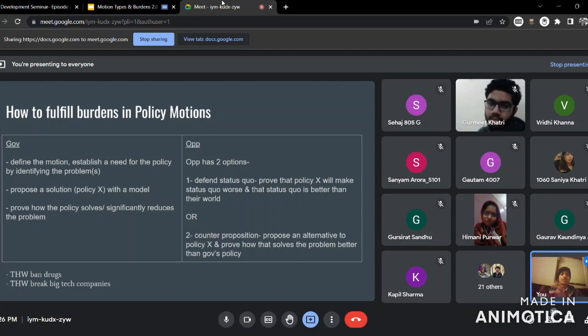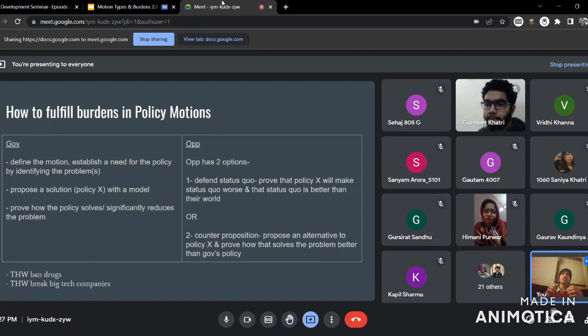If there's a discussion about whether a policy should be implemented or not, most likely this policy is being proposed by someone because they see a particular problem in the status quo, and this policy is a way of solving, mitigating, or even attempting to solve that problem to some extent, right? So this is what government teams are required to identify: what is the need that this policy fulfills, or what is the problem that this policy attempts to solve.